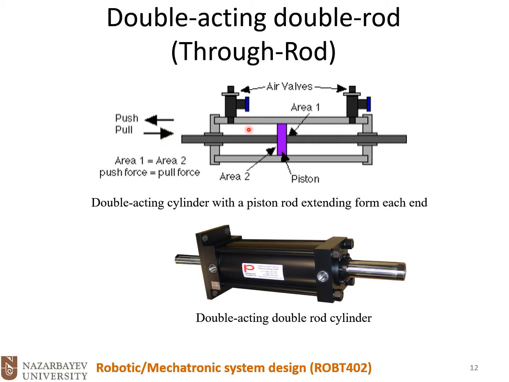Plus, if we have equal pressure on both sides, then the piston will stay stationary because the applicable area of the pressure is equal for both cases. And here we have an industrial example of a double acting, double rod cylinder. On this one, you could easily identify two ports, and you see that we have two rods.